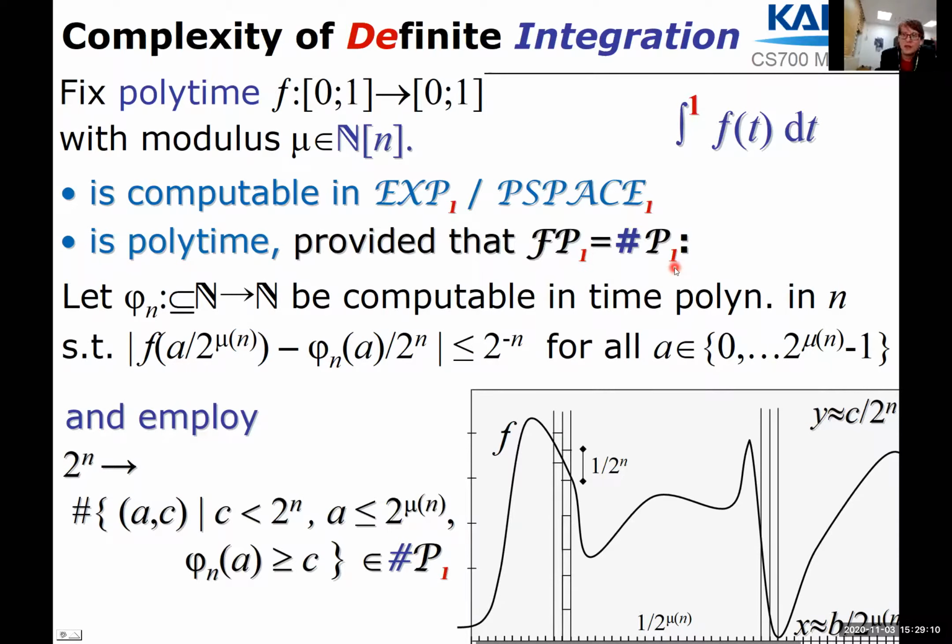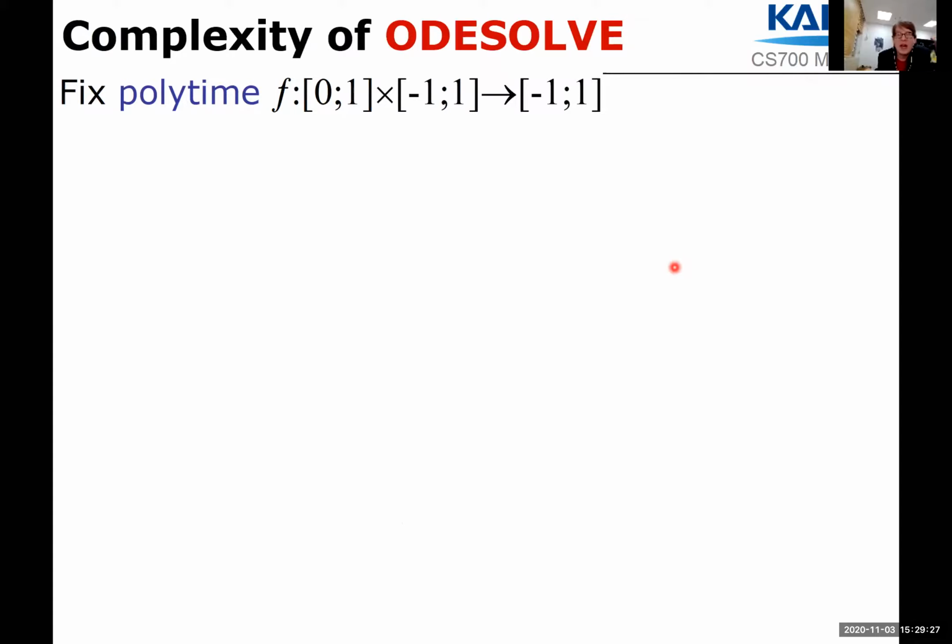That's the dominant opinion. Well, fair enough, it's only an opinion. There's no proof yet, otherwise the millennium problem would have been solved already. Okay, and we will return to these questions after this slide.